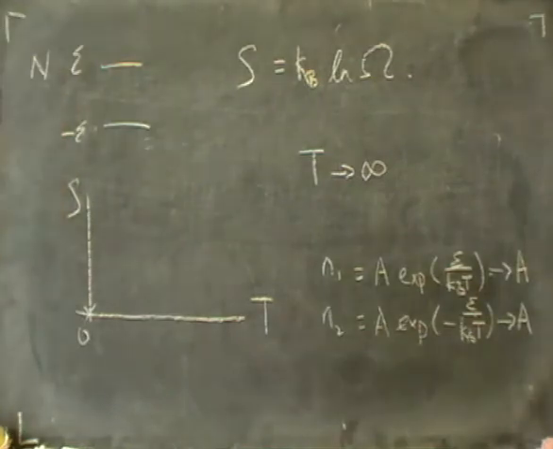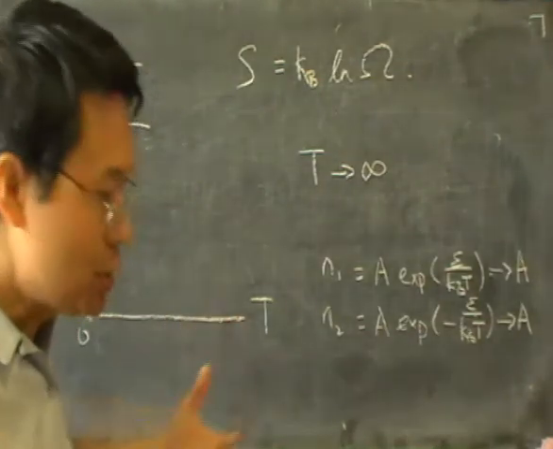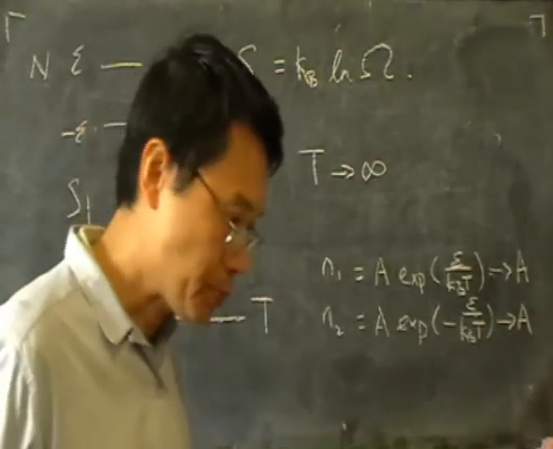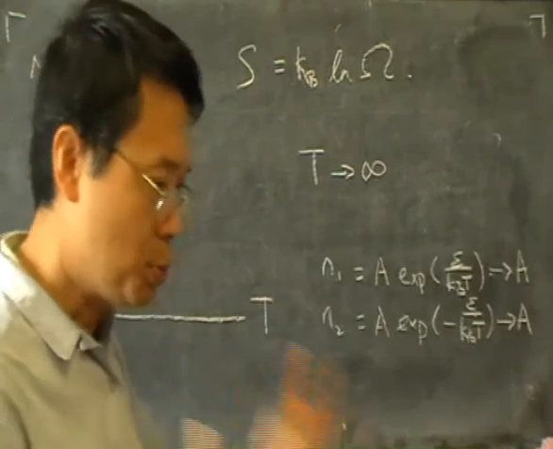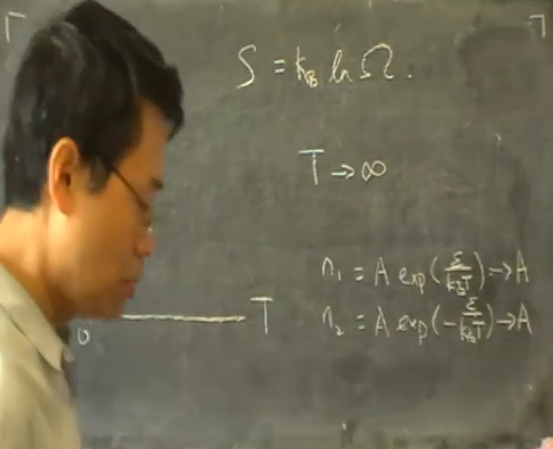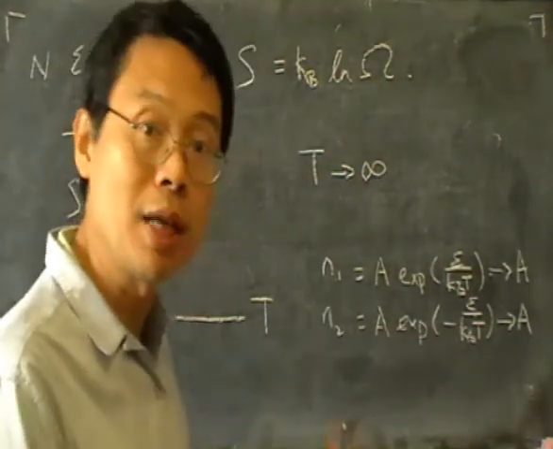Now the other thing is this. Surely you might think that if the temperature is very high, we are putting in more and more energy. So surely if we put in enough energy, we can pump all the particles up to the top level. That's true if you are able to put in that much energy.